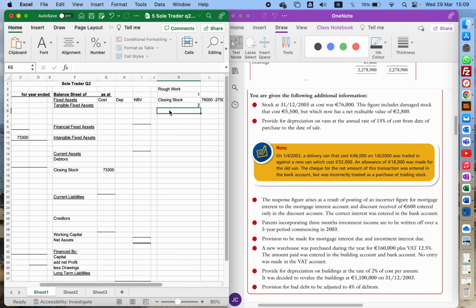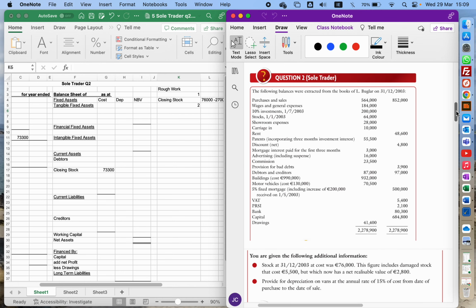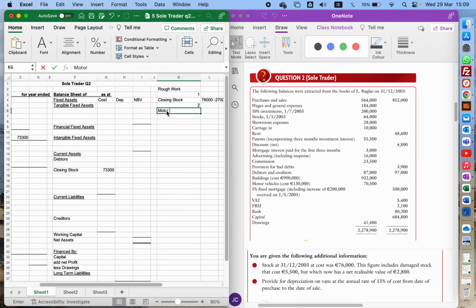So note number 2. So provide for depreciation. So quite a bit involved in this one. Okay, so we're going to have a look and change. I'm just looking at what names that they have. So motor vehicles is the name of the account up here. So I'm going to change motor vehicles. I'm going to change the provision for depreciation of motor vehicles. Then I'll work out my disposal to find out did I make a profit or loss when I dispose the item.